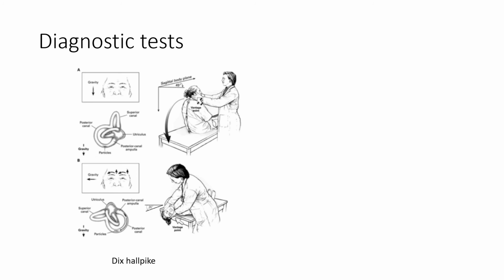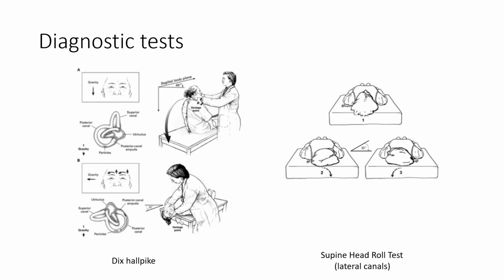Okay, so BPPV, we have two diagnostic tests. We have your Dix-Hallpike test, where you make your patient sit upright, and you then lie them quickly down on the bed with a slight 30-degree hyperextension of their neck, and before leaning them down, you will turn their head 45 degrees to one side, depending on which side you're testing.